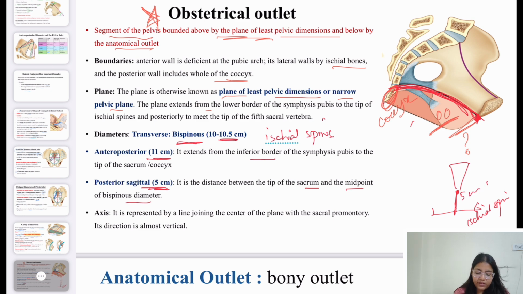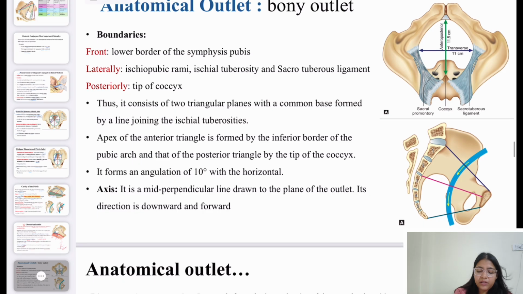And the axis is by a line joining the center of the plane, as you can imagine, to the sacral promontory. Direction is almost vertical. Now what is the anatomical outlet?